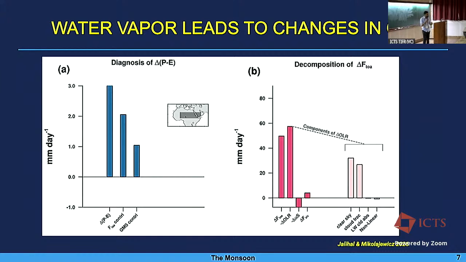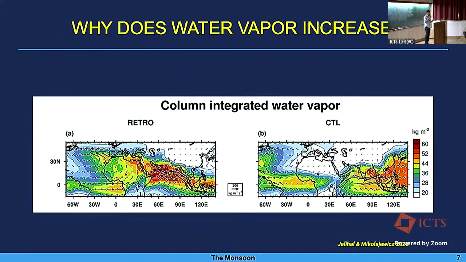This has got to do with water vapor. Clear sky OLR depends on water vapor and surface temperature. Now, what happens here is that in the reverse rotating world, we have the low-level jet coming from Bay of Bengal across the Indian subcontinent into Arabian Sea.